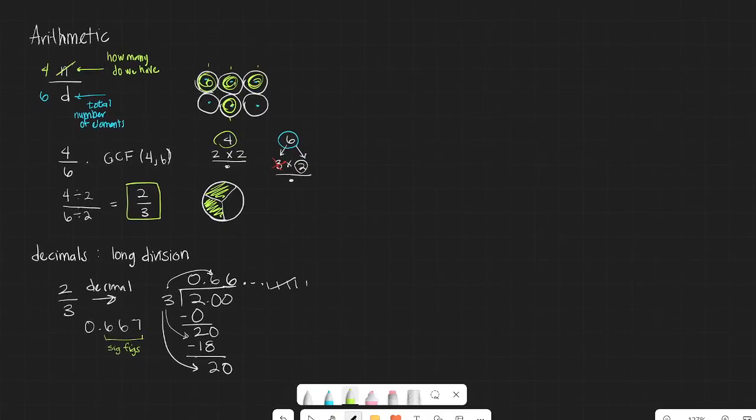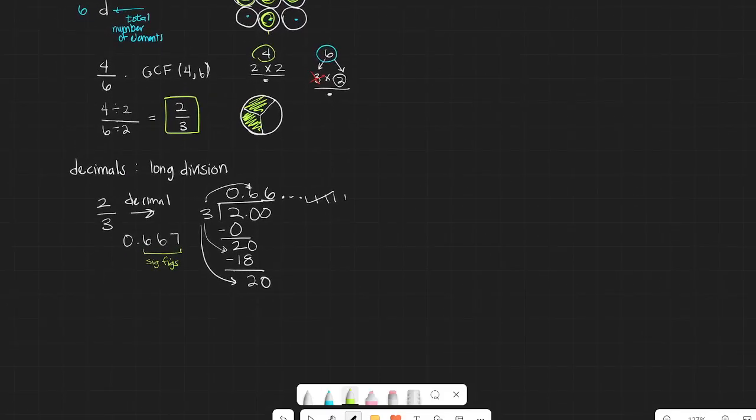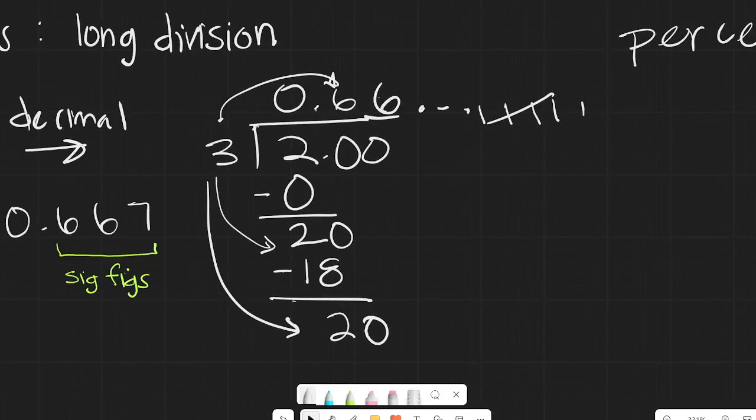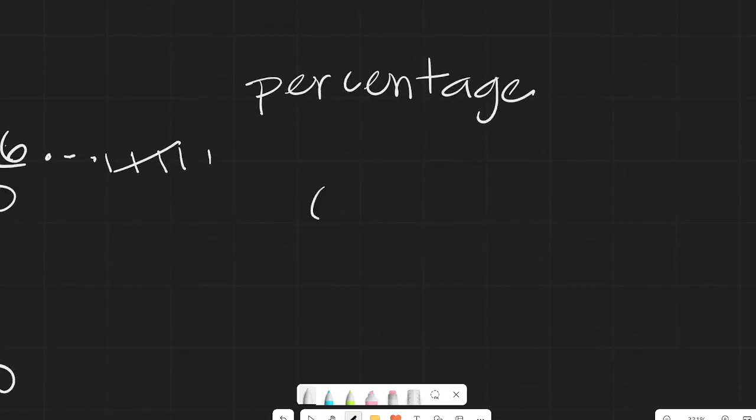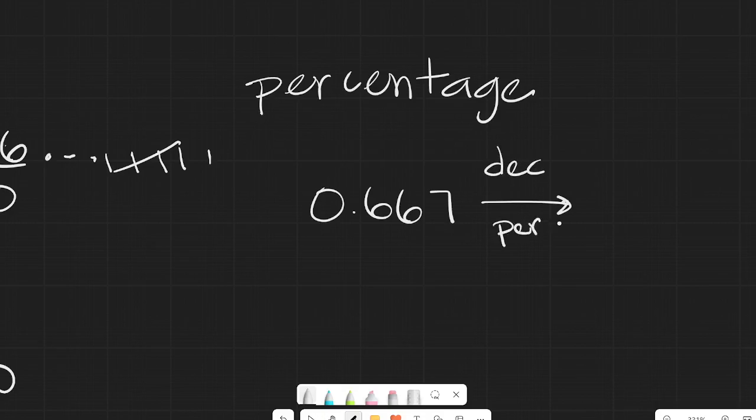Let's see. So let's go over percentages now. Let's turn that number 0.667 into a percentage. All we have to do is just multiply that number by 100. So we start with 0.667, and we want to go from decimal to percentage.